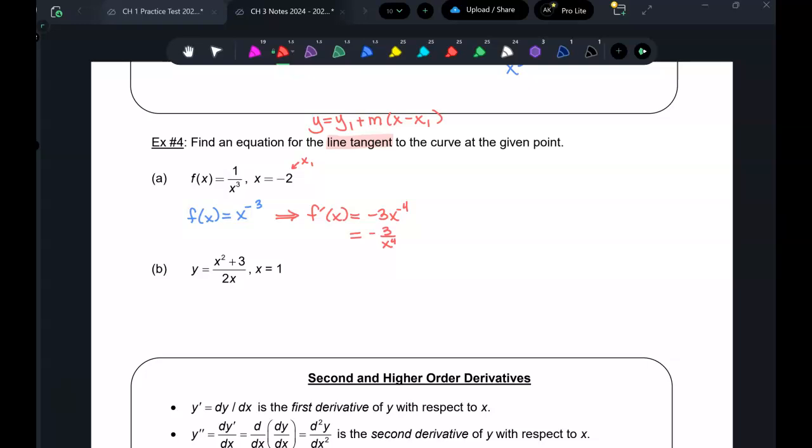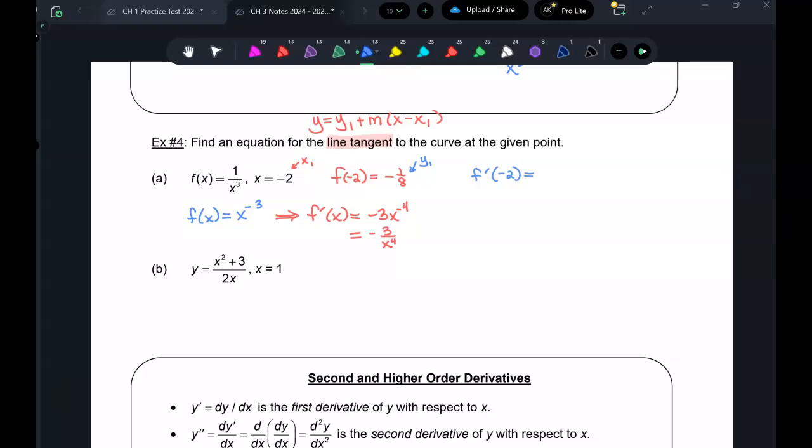I need to find y1 and my m. If I have x1, I can plug that in to find y1. If I plug in negative 2, that gives us negative 1/8. This is my y1. And now my slope is going to be f prime of negative 2.